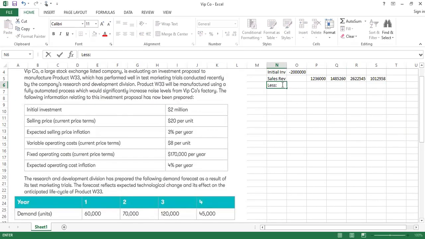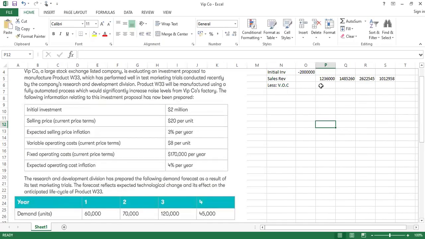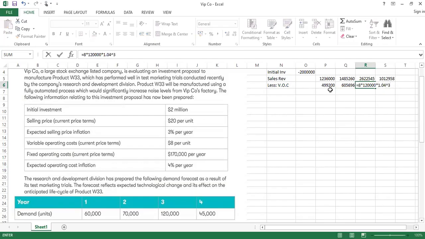Less variable operating cost is equal to 8 into 60,000 into 1.04 raised to power 1, then 8 into 70,000 into 1.04 raised to power 2, then 8 into 120,000 into 1.04 raised to power 3, then 8 into 45,000 into 1.04 raised to power 4.